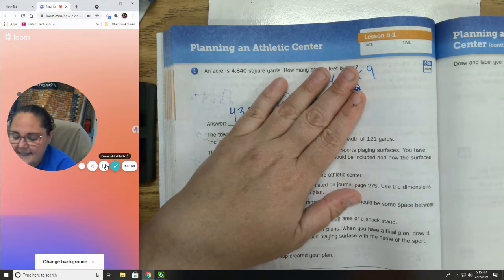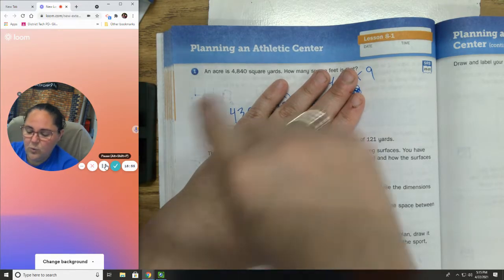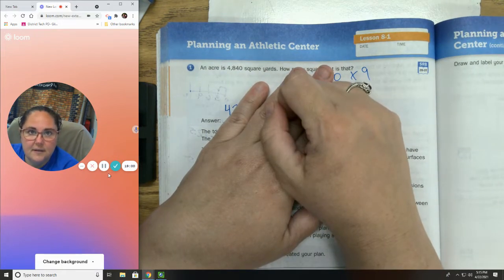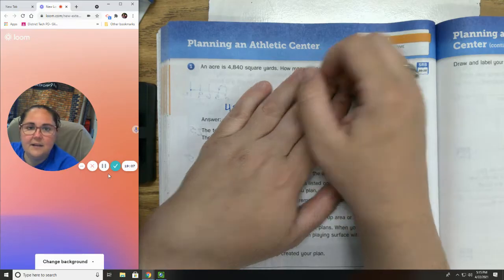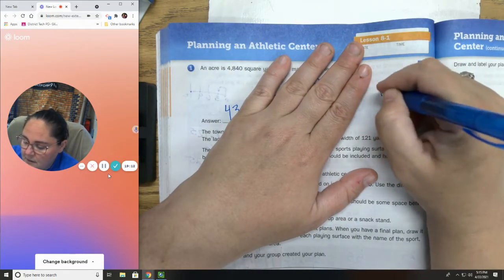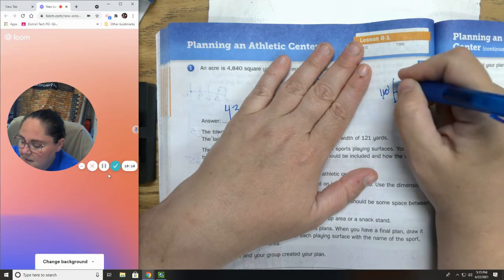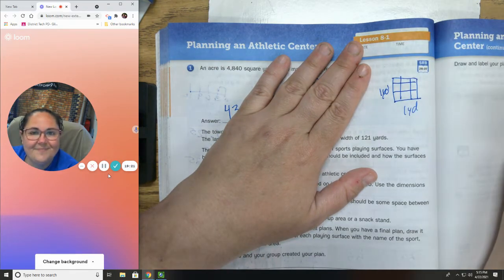So in this case, we need to figure out how many square feet an acre is, okay? So 1 acre is 4,840 square yards, I'm sorry. So remember, in 1 square yard, there are 9 square feet because 1 yard by 1 yard is the same thing as 3 feet by 3 feet, because there's 3 feet in a yard.